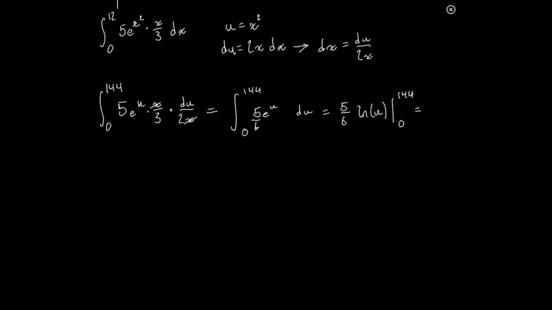This is all equal to, let's plug in, 5 over 6 times ln of 144 minus 5 over 6 of ln 0. Now, what is ln 0? ln 0 is actually just 1, if I remember correctly. So all of this goes to 5 over 6 times ln 144 minus 1.